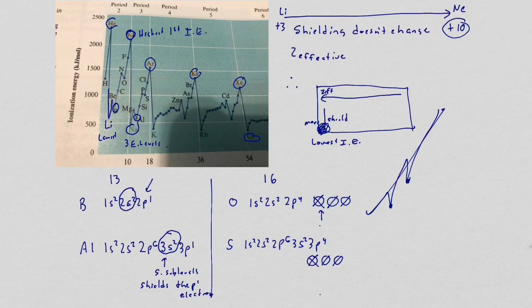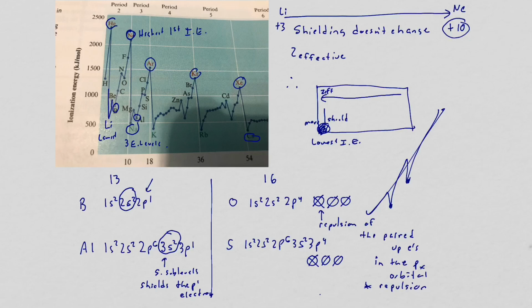The repulsion of the paired-up electrons in the px orbital leads to repulsion. So essentially, the second electron in the px orbital is repelled by the first electron that's in there, and because of the repulsion, it's easier to remove.